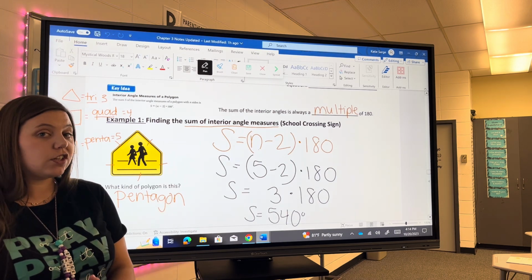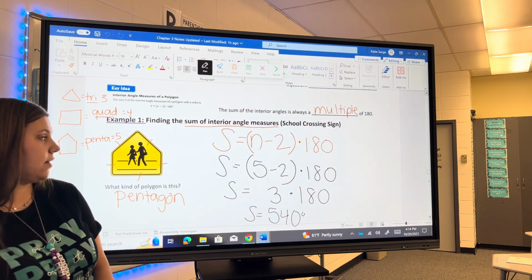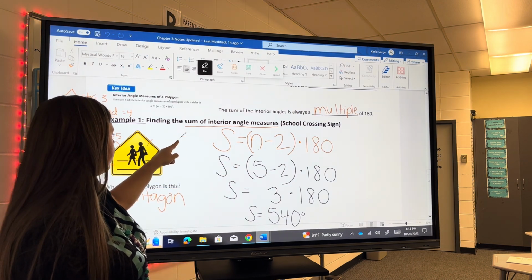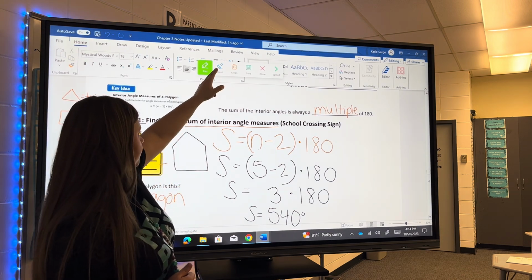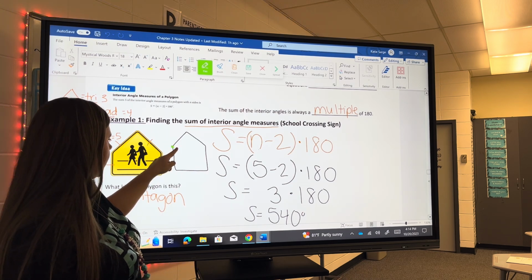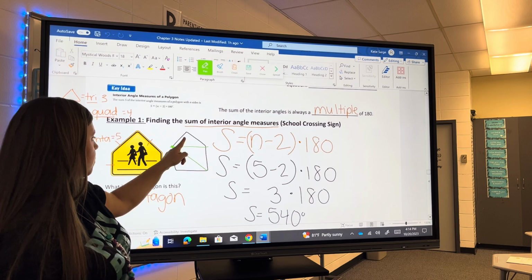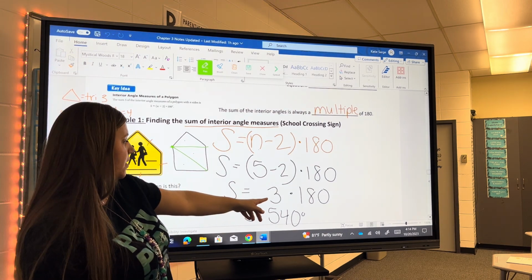Okay? So all we're doing right now is just applying this rule or this equation to find the sum. Rather than having to draw the triangles over and over and multiply by 180, we can just use this formula, okay? If I had drawn the triangles, I can pick a corner. I typically pick this one, and I can go here and here. But what we see is 1, 2, 3 triangles, which is what this is telling me.